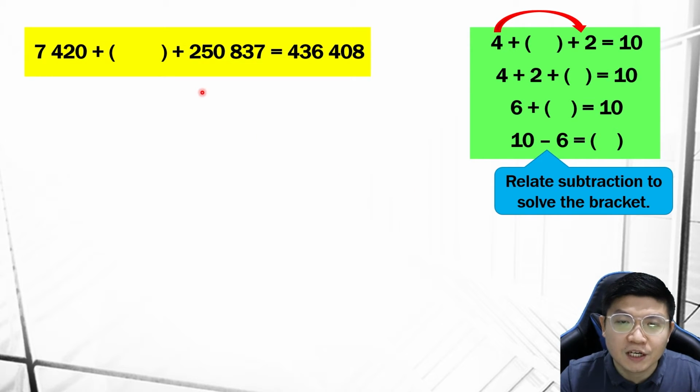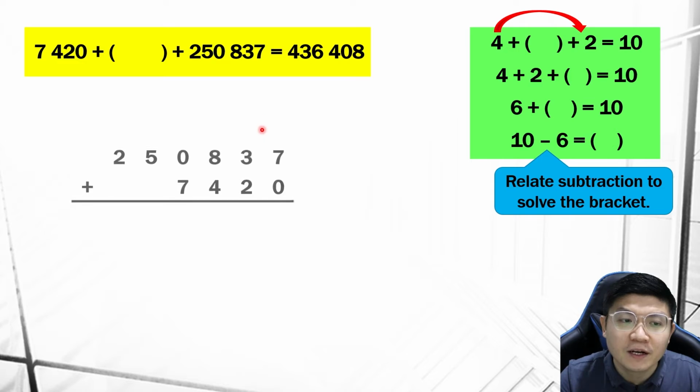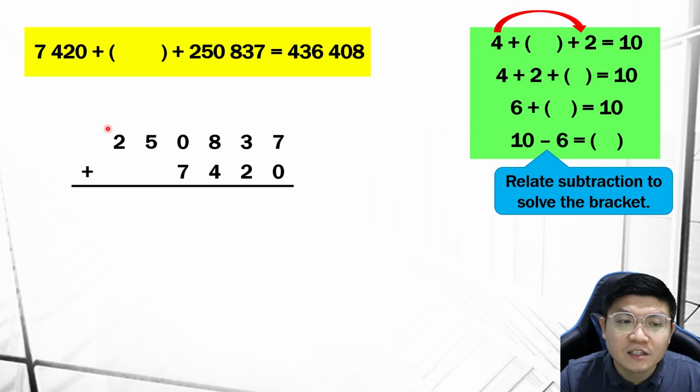Same goes to here. So the first step, I'll be taking 7,420 plus with this. So arrange the numbers according to the placement of digit. So 7 plus 0, 7. 3 plus 2, 5. 8 plus 4, which is 12.